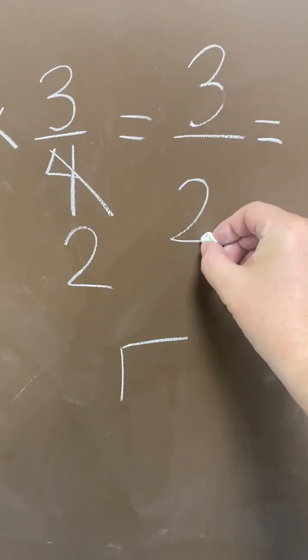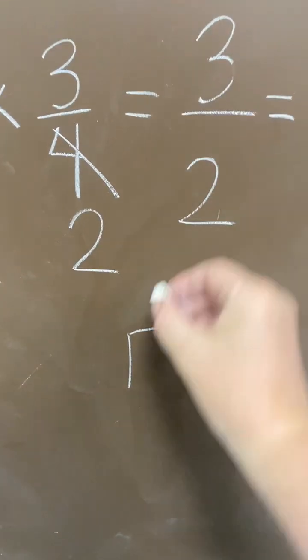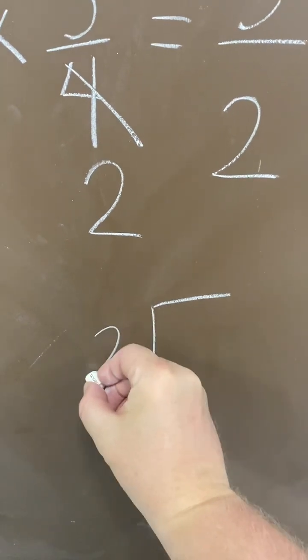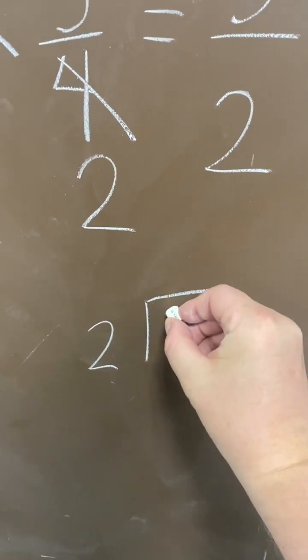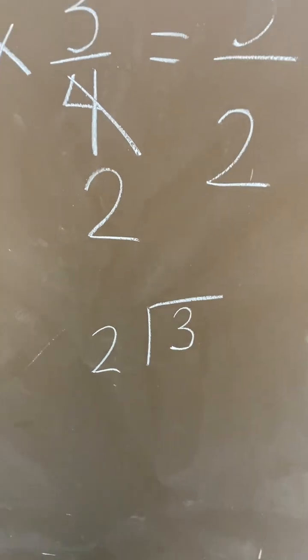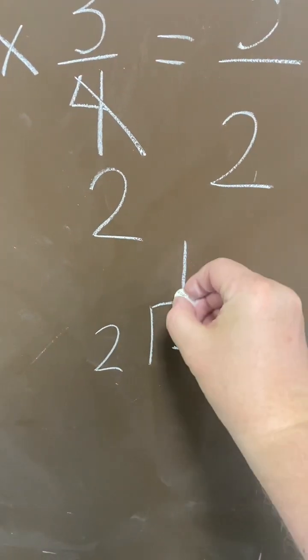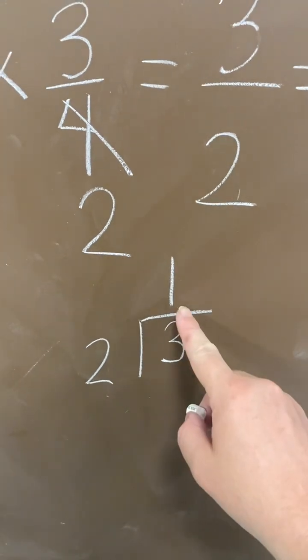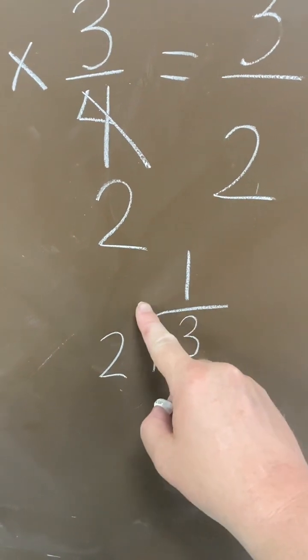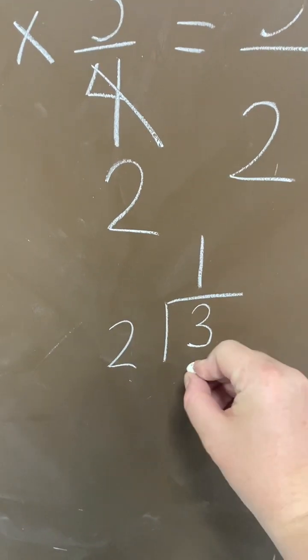I'm simply dividing 2 into 3. So 2 dividing into 3 is what you're literally doing. 2 goes into 3 one time. Then following our steps of division, 1 times 2 equals 2.